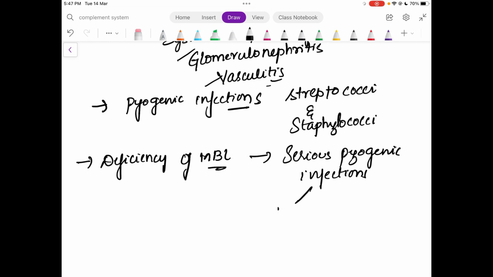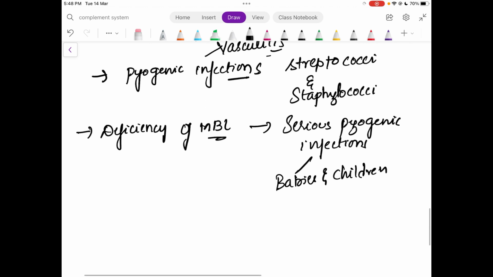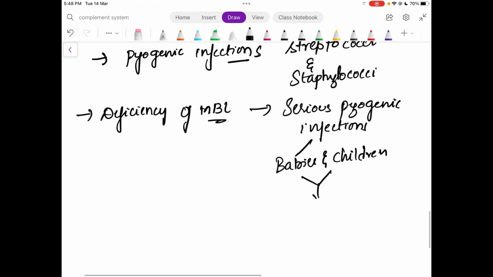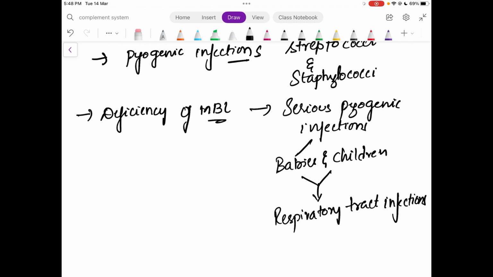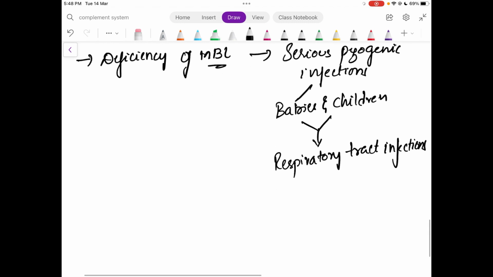In which age group? Babies and children. What will happen? They will suffer frequently with respiratory tract infections. Okay, respiratory tract infections.